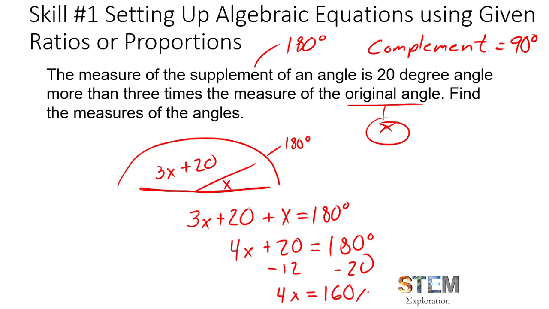If we divide both sides by 4, we can very quickly see here that x is equal to 40, which allows us to say that 3 times 40 is 120, 120 plus 20 is 140, and x is equal to 40. And we can see 140 plus 40 is 180, so that would be the situation that you would have given this specific word problem.